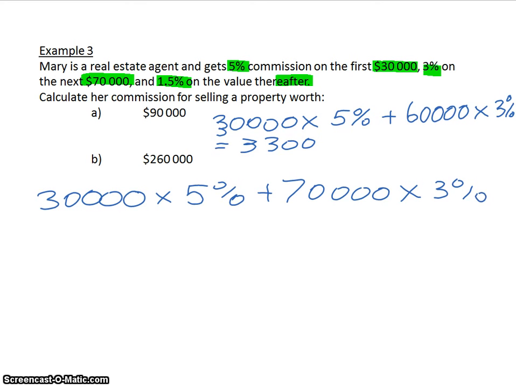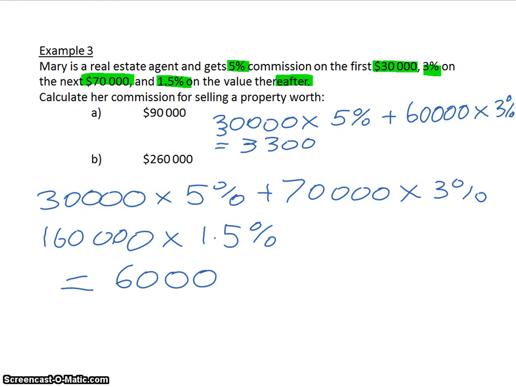And then after that, she still has 160,000. And she gets 1.5% over that value. Doing the calculation, all she's going to get is $6,000 for the sale of that property.